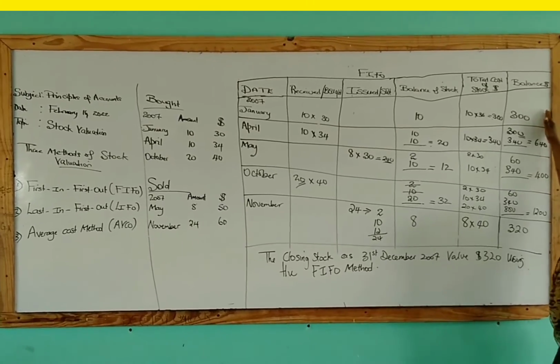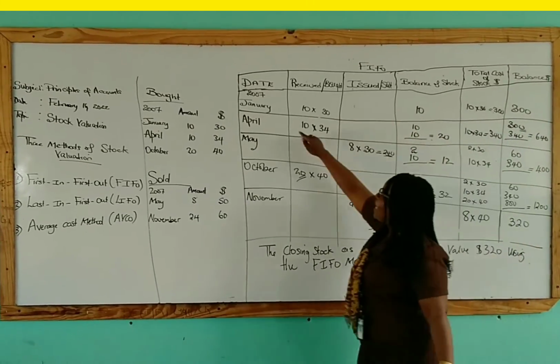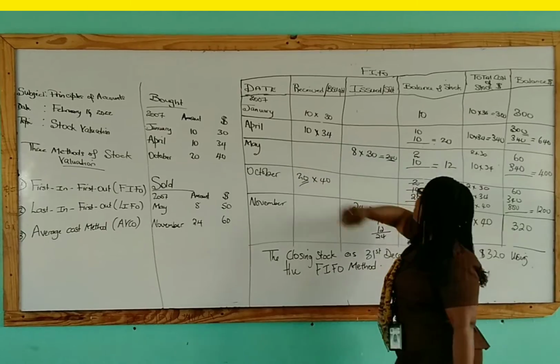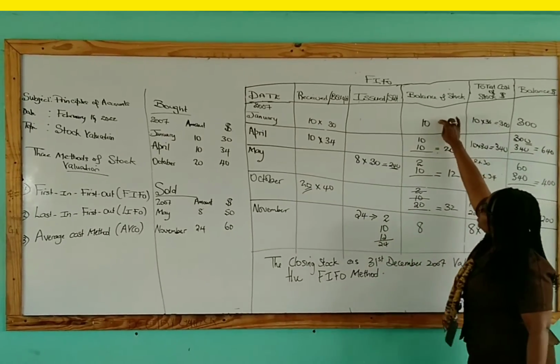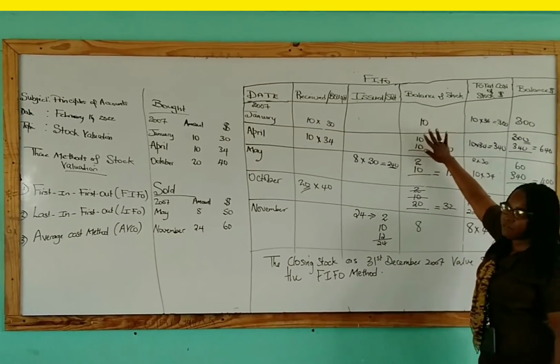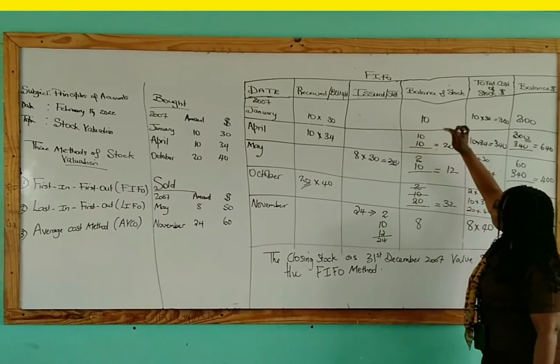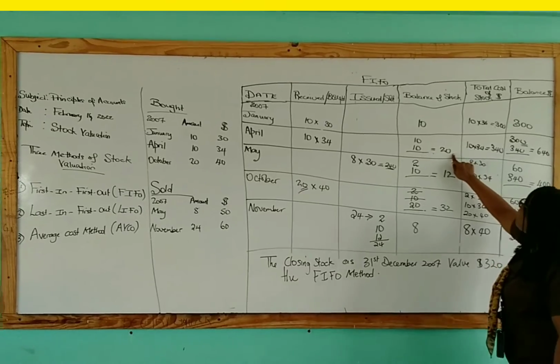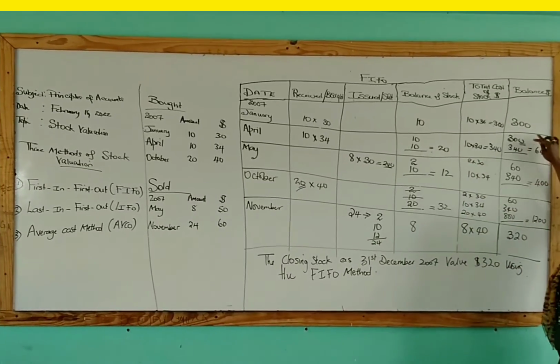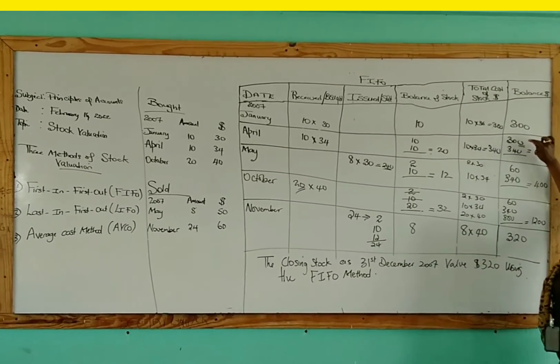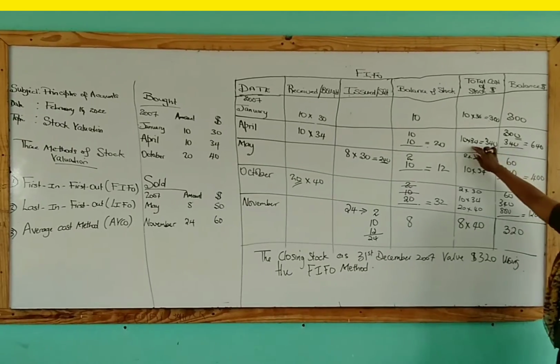We did not sell anything, and in April again we went and bought another set of stock, and that is the reason why I bring down the January stock. We didn't sell anything from it, which means it is still sitting in your storeroom. So we still have our January stock and we buy again in April. That gives us 20, right? So that is the reason why we have the 300 brought down here and the 10 times 34, 340, 640.